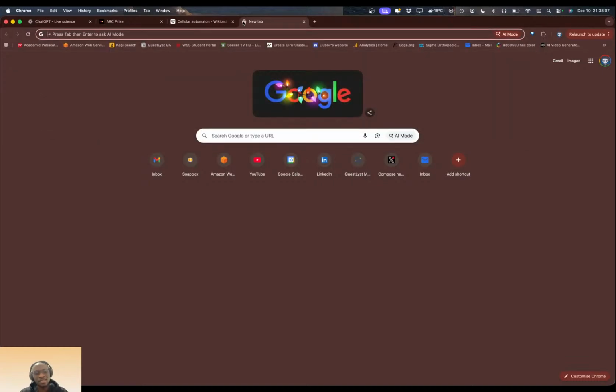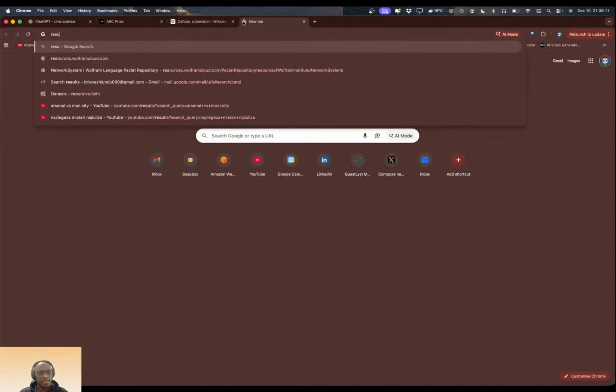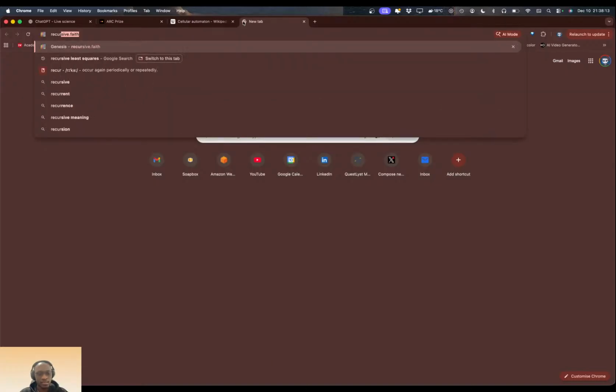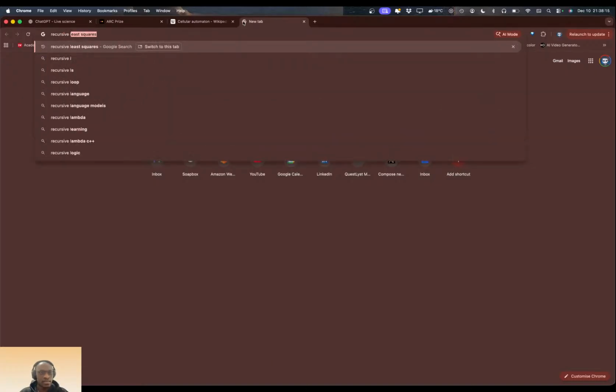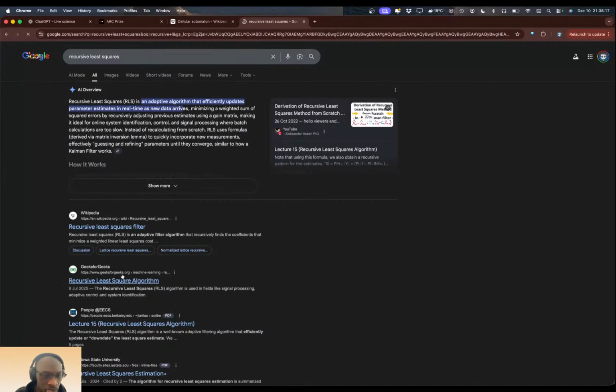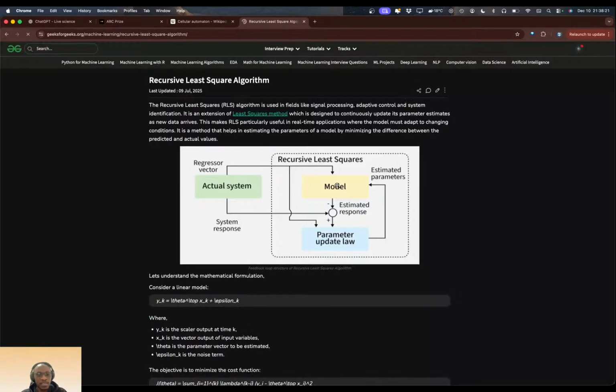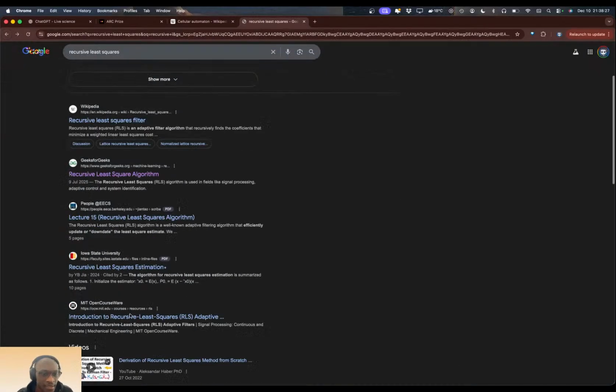Sorry, recursive least squared error. This algorithm is what we're using for our predictor, and once we feed it, it trains online.